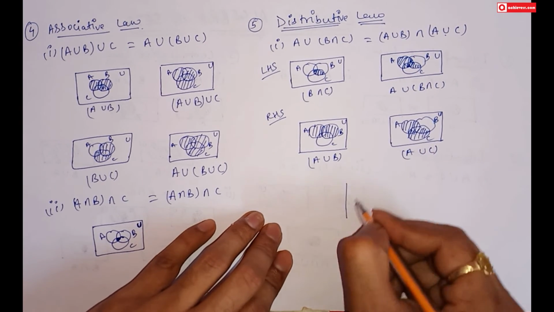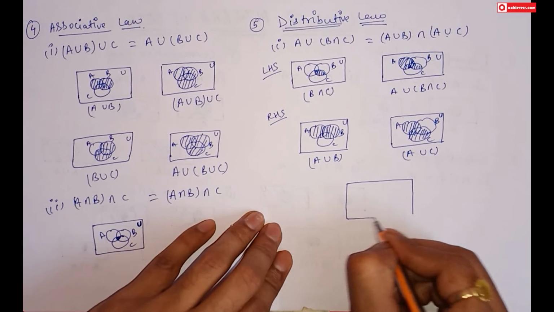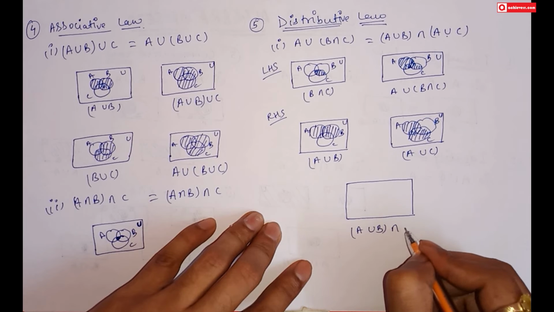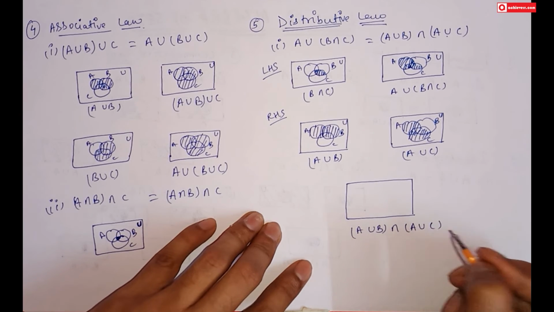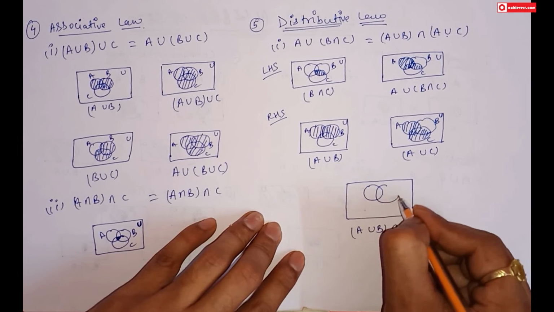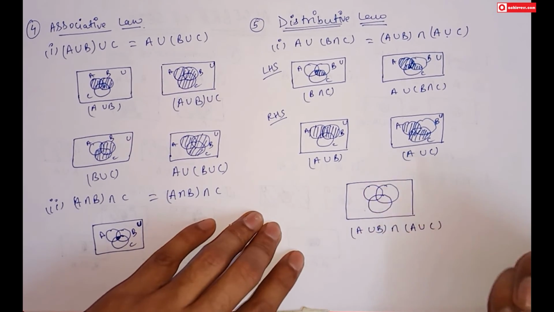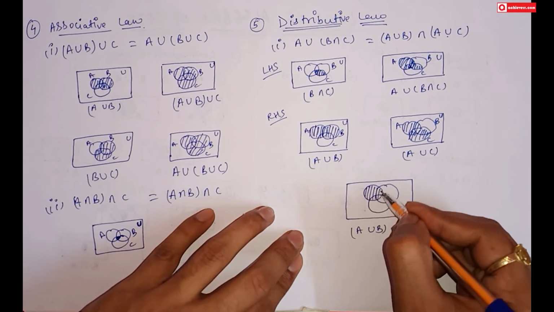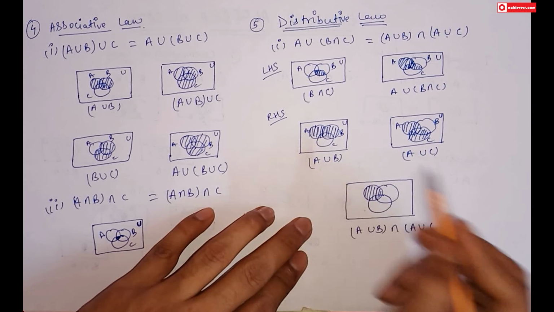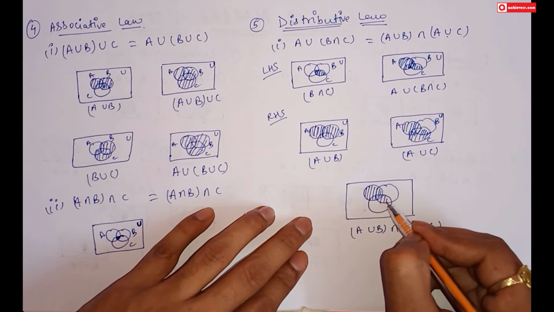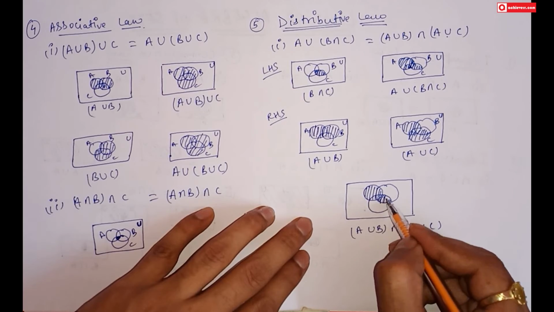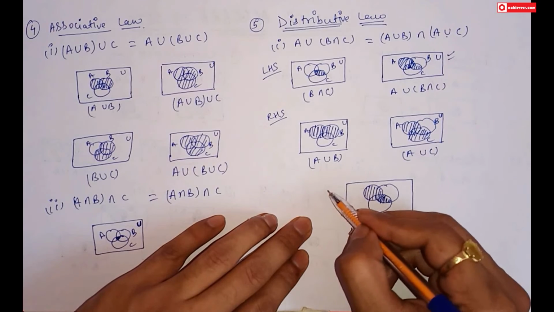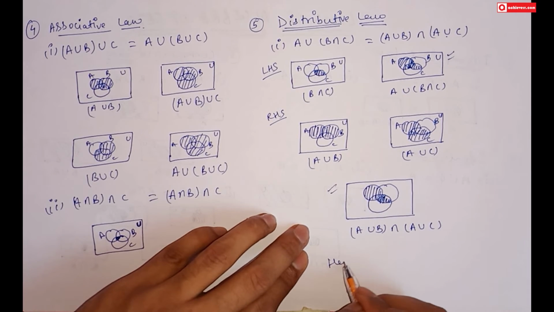So we have to take intersection of these two, that is (A union B) intersection (A union C). So what is the common in both? The common part is A, so this whole, and this part in both the cases. And we can see that this and this are equal, hence proved.